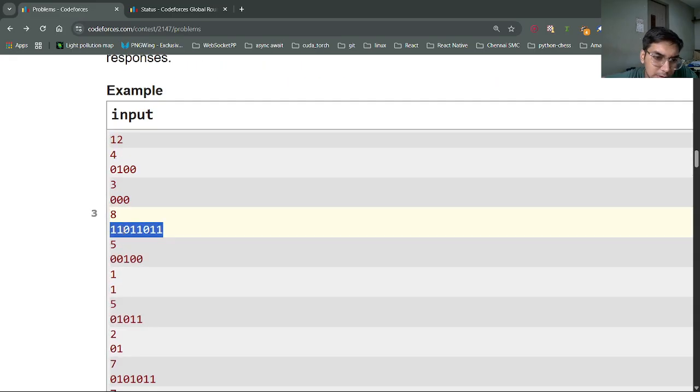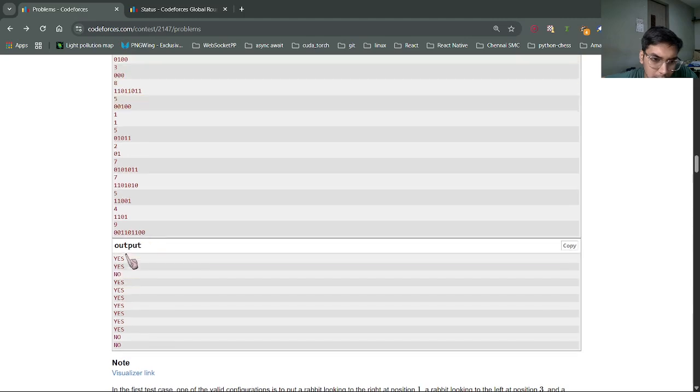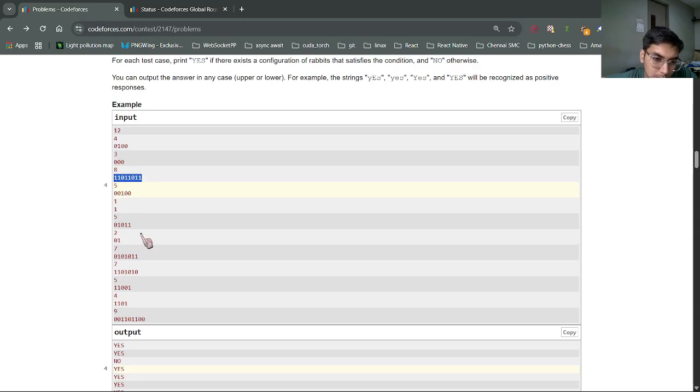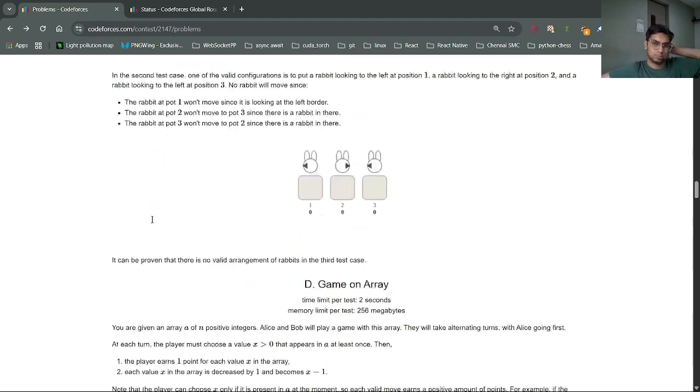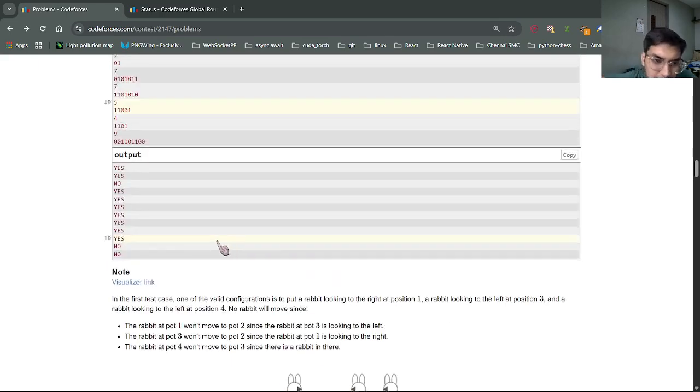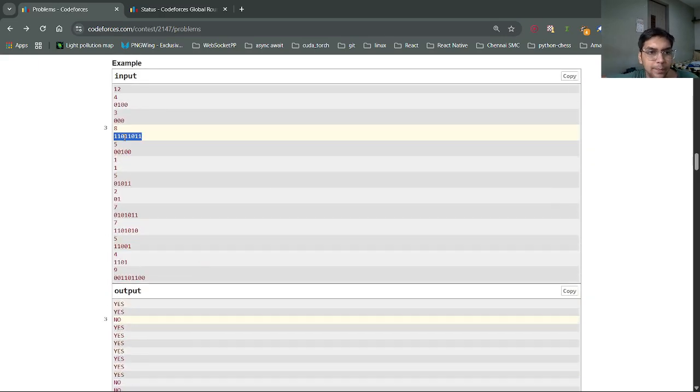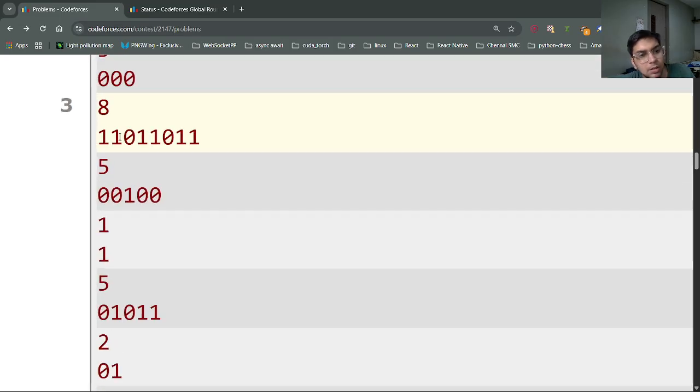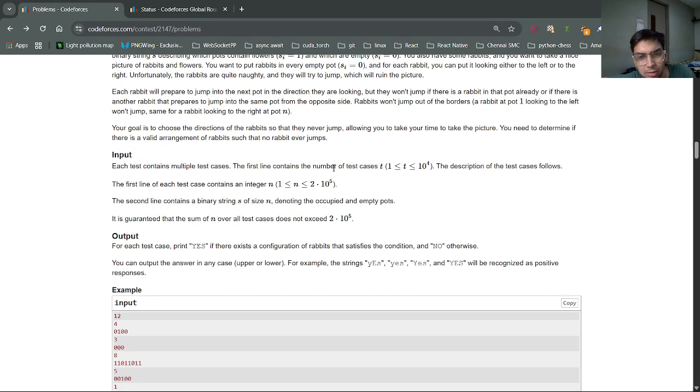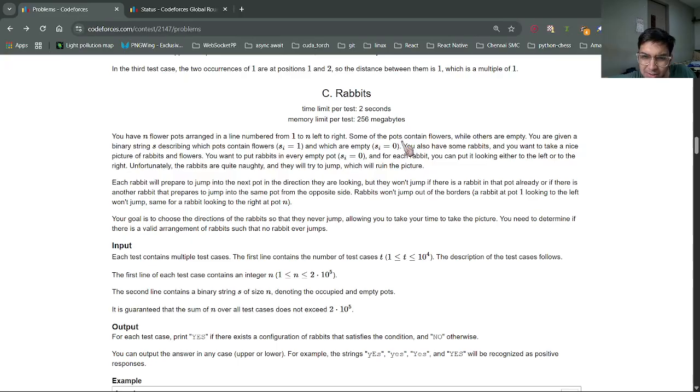In this one, again, no, it's no. Why is no, bro? It can be proven there is no valid arrangement of rabbits in the third test case. Okay, but why? अच्छा तो उसको उससे फ्लावर से कुछ मतलब नहीं है क्या?